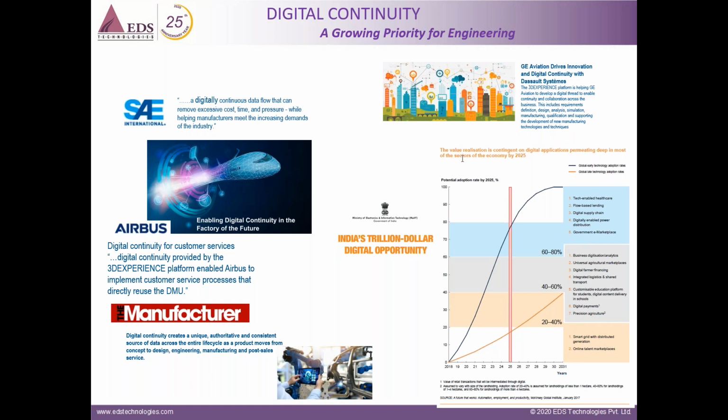And secondly, if you see India as a center, yes, the government is looking at a $1 trillion digital opportunity today, and there are technology-enabled healthcare, flow-based lending, digital supply chain, and digitally enabled power distribution.